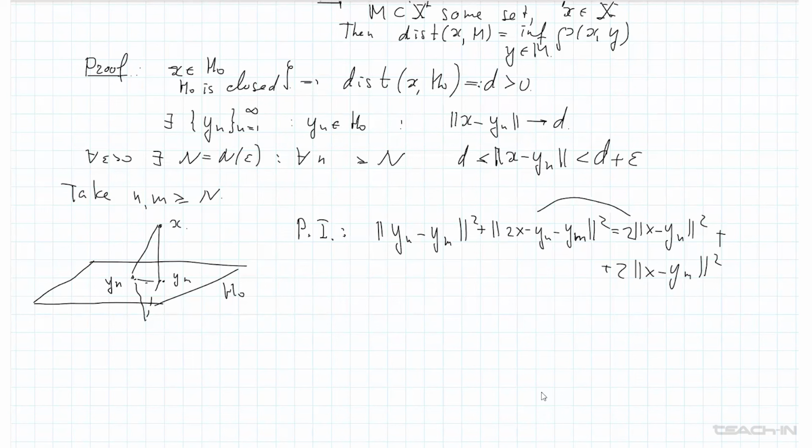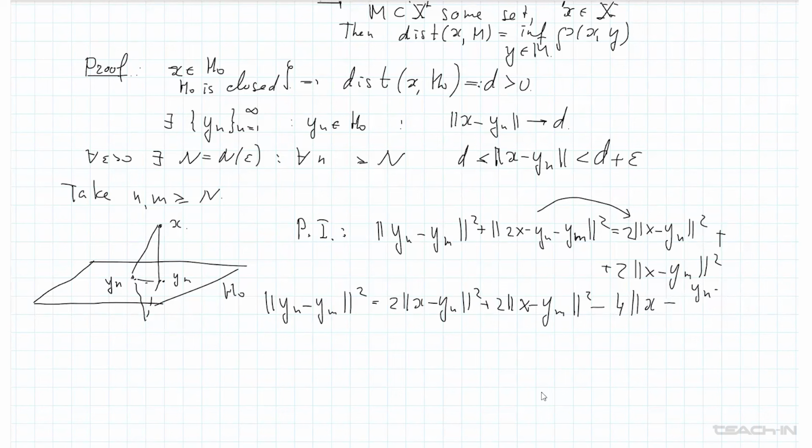You put this term to the right side and take away the factor 2. And you can write it as follows. It is 2 times the first, 2 times the other, and you take away the factor 2, minus 4 times x minus the midpoint, squared.